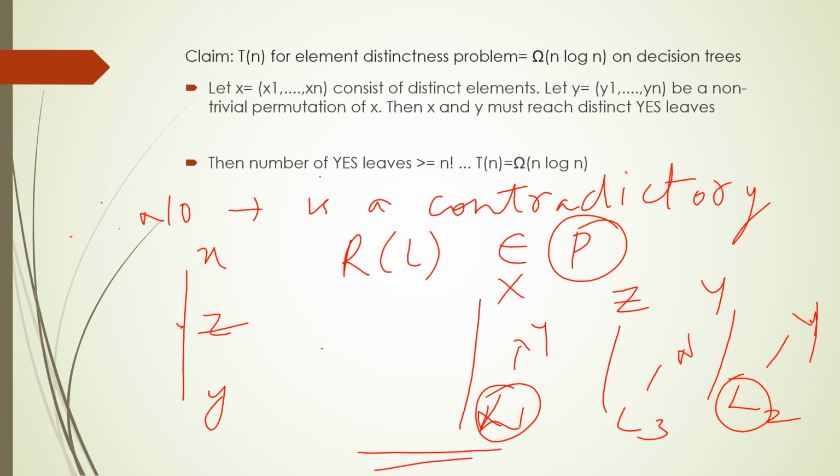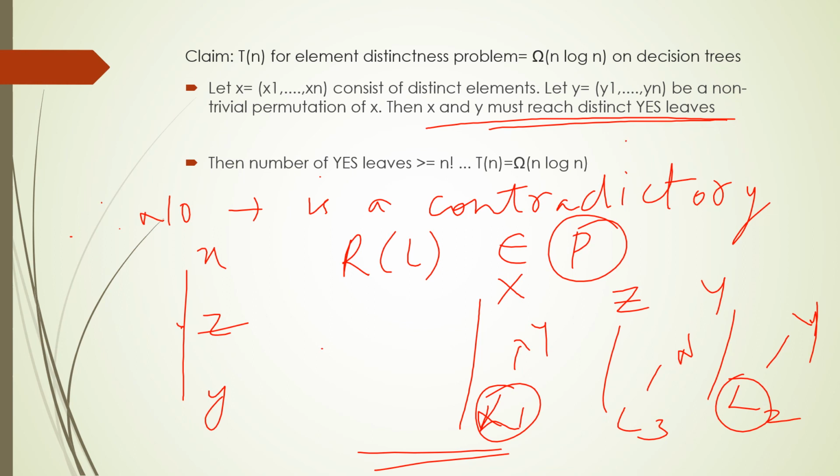So this proves to us that if x of n consists of distinct elements, and y of n is a non-trivial permutation of x, like we saw, then x and y must be distinct as leaves. So from our proofs, we have understood that for different non-trivial permutations of x, they all end up at different leaves.